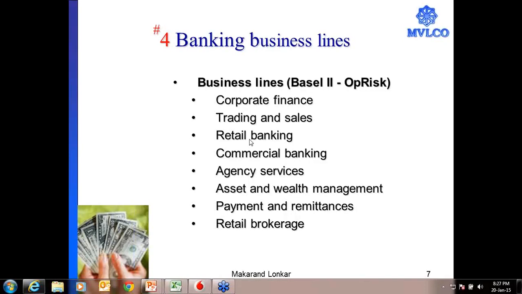Therefore banks in India like ICICI Bank or Kotak Bank have created separate companies like ICICI Direct, an independent company, or Kotak Securities, an independent company, which act as the broking arm. But in countries in Europe, it is allowed for a bank to become a member of the stock exchange.